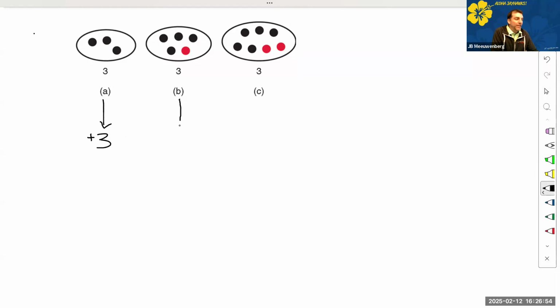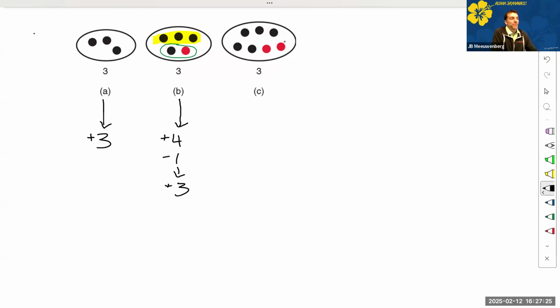If we look at the second one in the middle, example B, we have 4 black chips and 1 red chip. Well, if we combine those and ask what's the true value of it? What you'll notice is that when you pair up a black and a red, they cancel each other out and have a value of 0. So what you're looking at is, well, what's left? Well, 3. So those would have a value of +3, the leftover stuff.